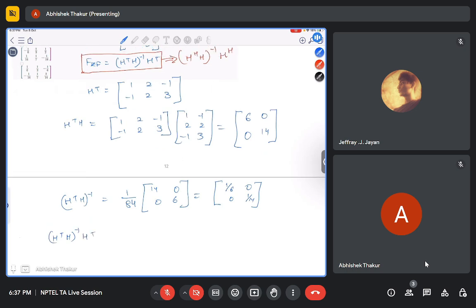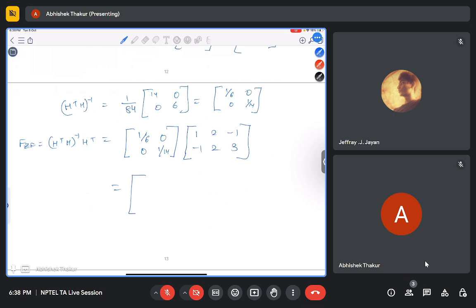Now we have to find H transpose H inverse into H transpose. So this is basically our zero forcing matrix. This will become 1 by 6 and 1 by 14 multiplied with H transpose, that is 1 2 minus 1 minus 1 2 and 3.